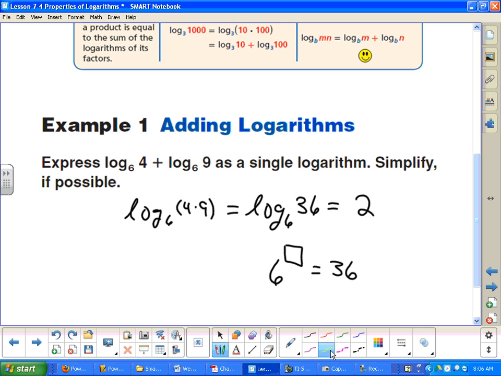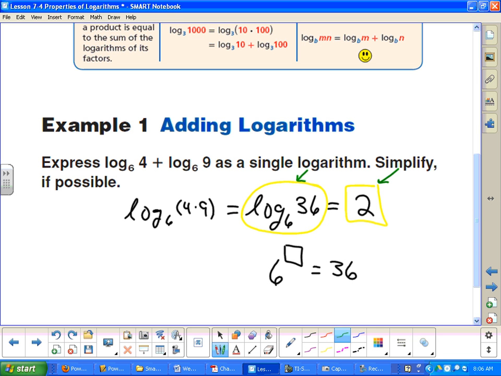So I simplified it, said it's the log base 6 of 36, and I wrote it as a single logarithm, made it the log base 6 of 36, and then in this case I was able to simplify it and get 2. So we have the single logarithm and the simplification.